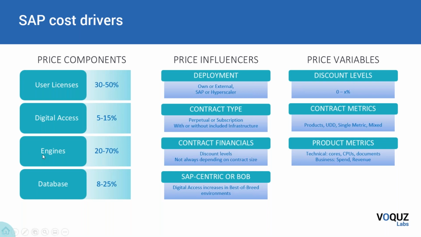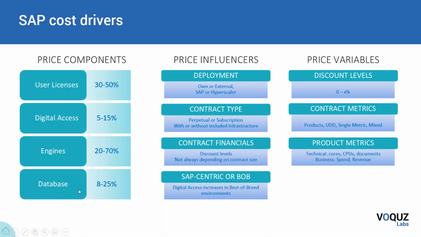And then you have your engines, so various different engines and the engine measurements, etc. And these can account for 20 to 70%. It depends on how many functional elements you bought from an application perspective in your bill of materials. And then we have the database, and these are the four pillars that make up the fundamental price components of your contract. The database varies as well.